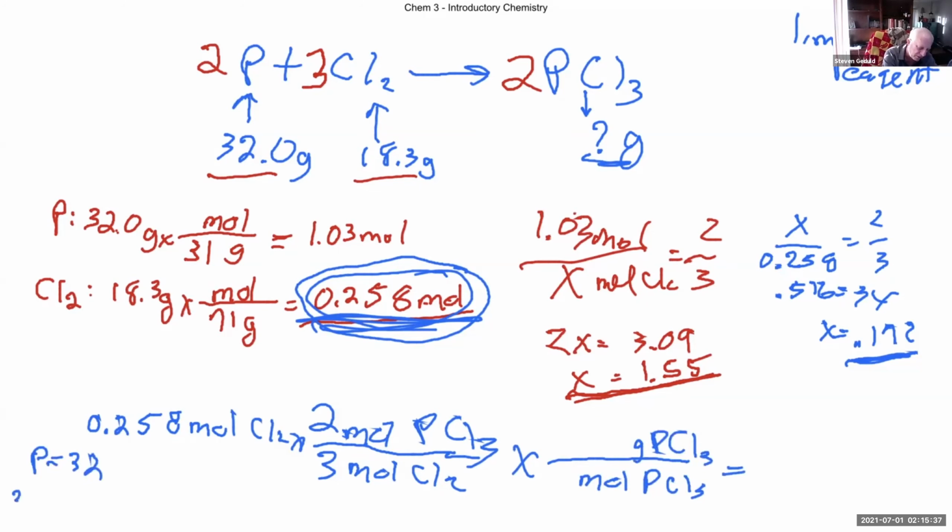And I have 3 chlorines. 3 chlorines is 35.5 times 3, which equals 106.5. So I end up with 138.5. That's my molecular weight of PCl3.